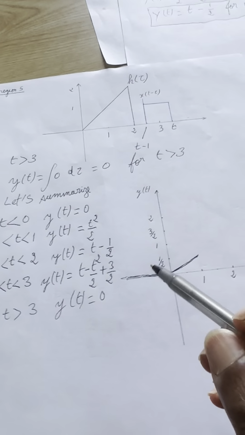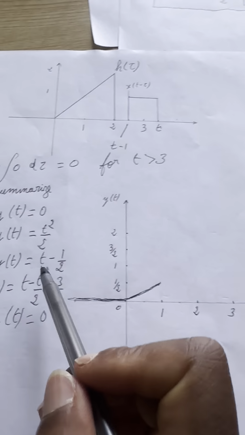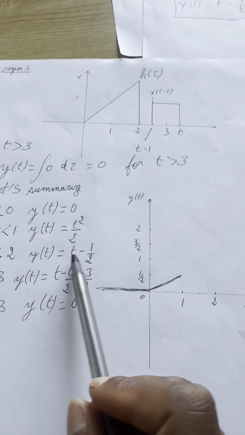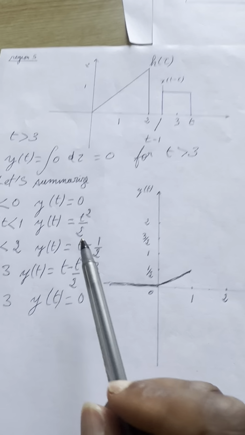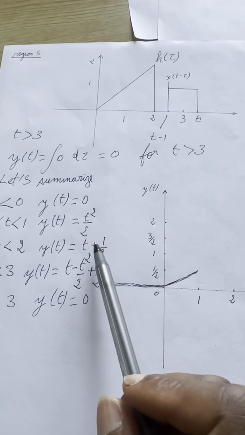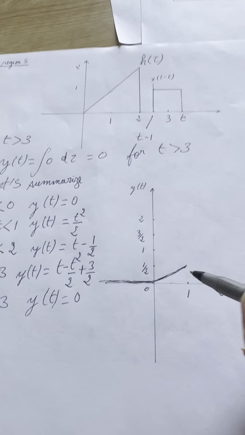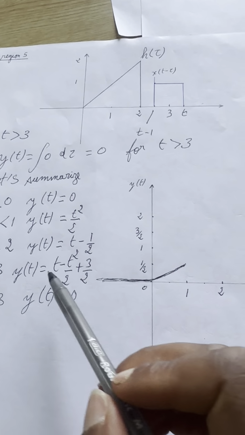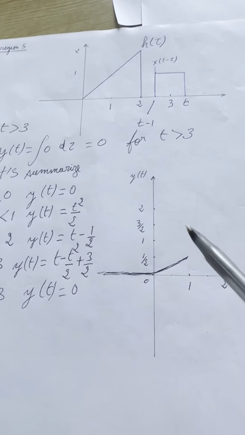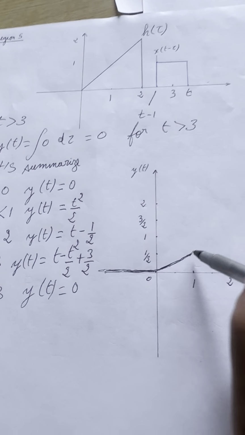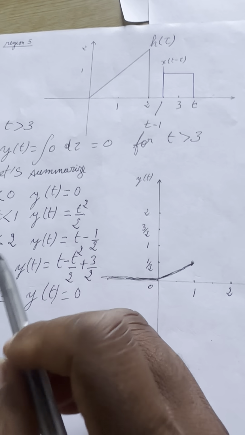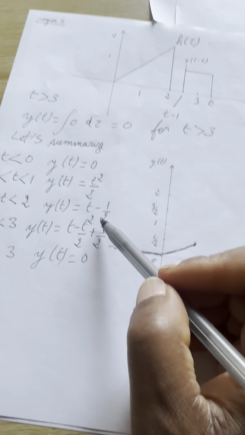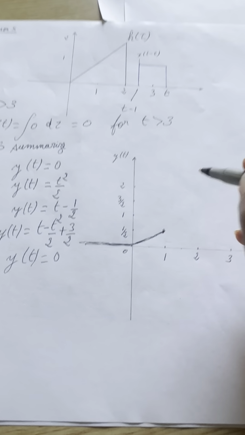Now for this one, we replace t equal 1, minus 1 by 2, it becomes 1 and a half. At t equal 2, we have 2 minus 1 by 2, which equals 3 by 2.